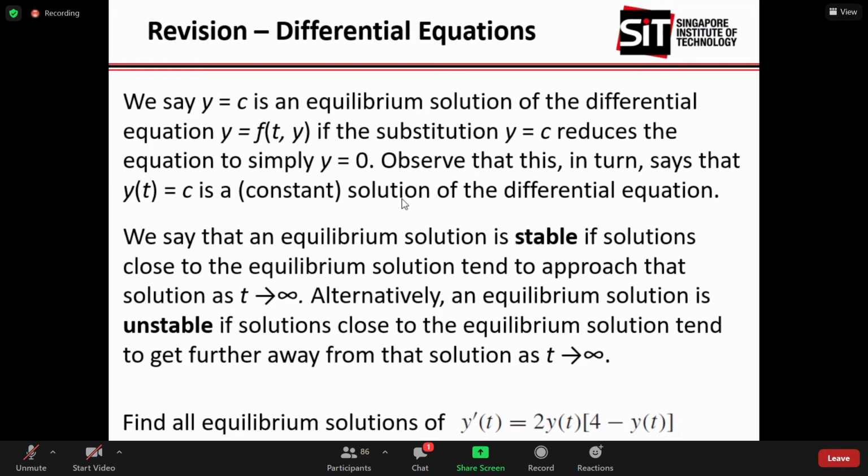Now we can also study differential equations in terms of qualitative solutions. So we may have equations that we do not know how to solve.